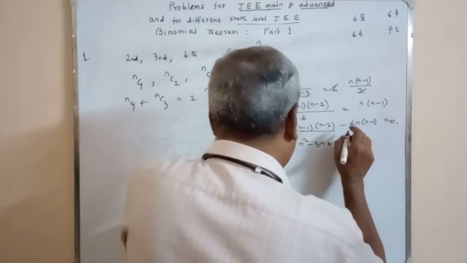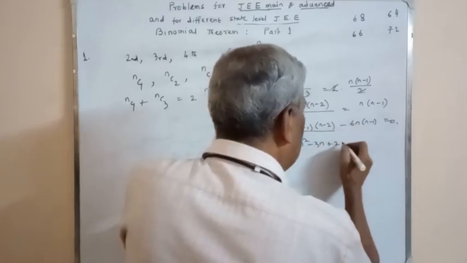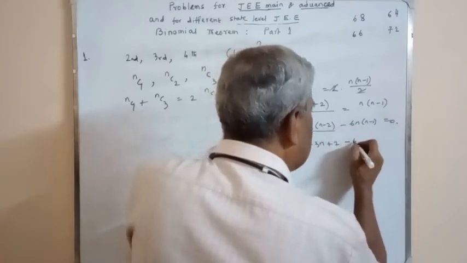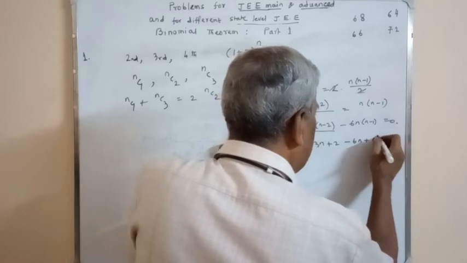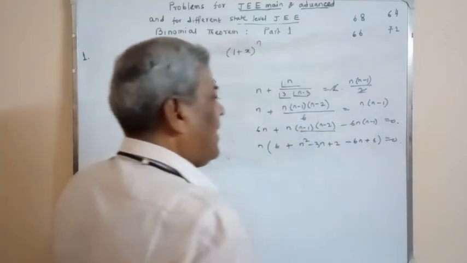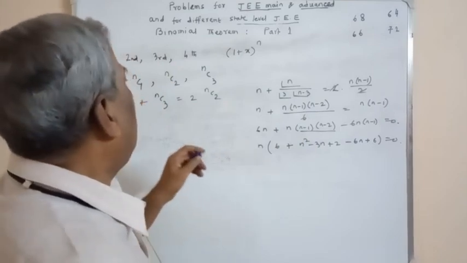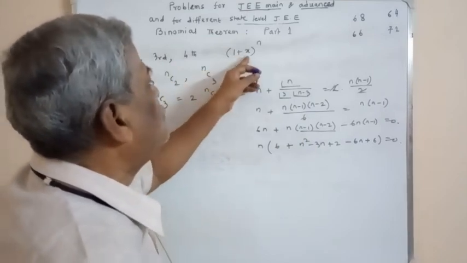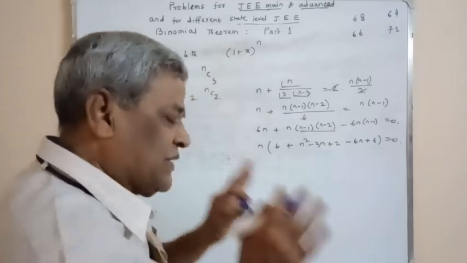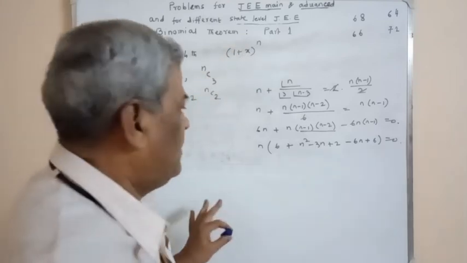After that, n had taken common, so minus 6n plus 6 is equal to 0. But n cannot be 0, because if n is equal to 0, the power is 0, so the first term, second term, third term are not possible.